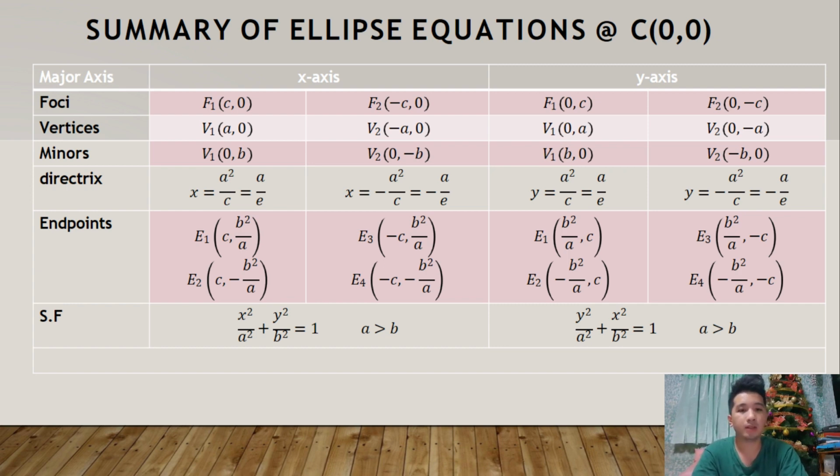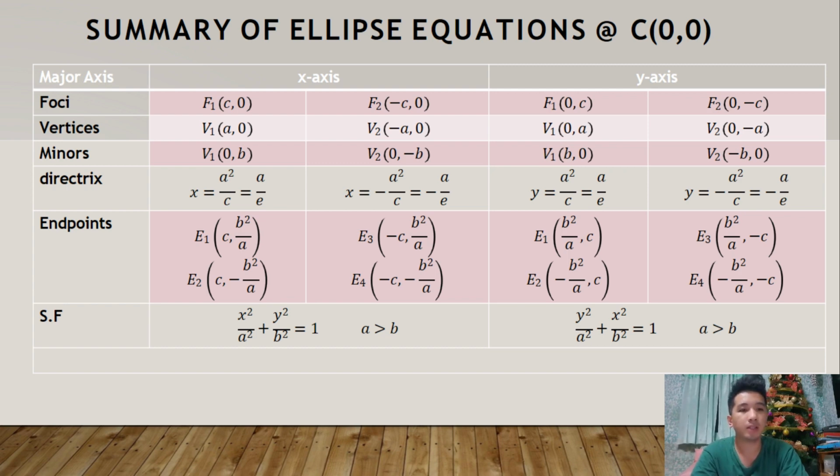Endpoints of the latus rectum: E1 is (C, B squared over A), E2 is (C, negative B squared over A), E3 is (negative C, B squared over A), E4 is (negative C, negative B squared over A).